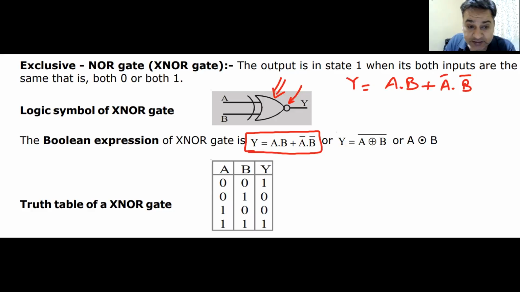Shall I give you an example of how these results are obtained, or will you be able to tell me? If I put 0 for A and 0 for B, can you tell me what will be the answer?